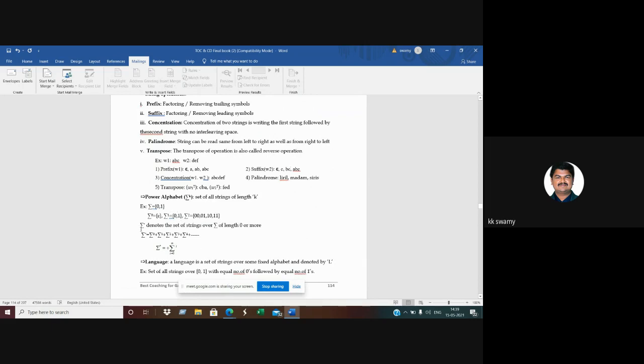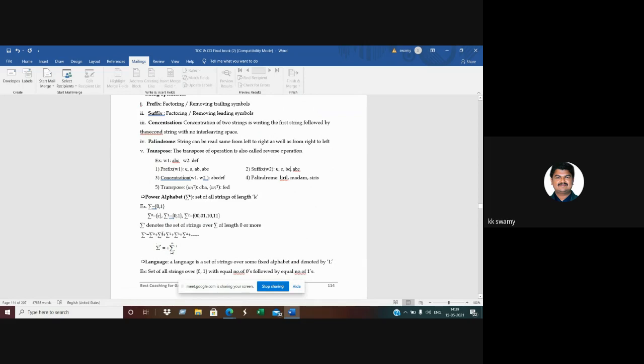And the next one, sigma star, denotes the set of strings over sigma of length 0 or more. Star represents 0 or more occurrences. Sigma power 0 is valid, sigma power 1 is valid, sigma power 2 until n number of sigmas.